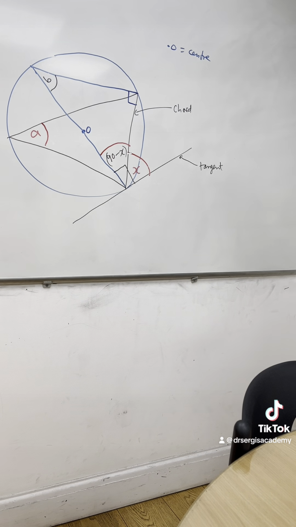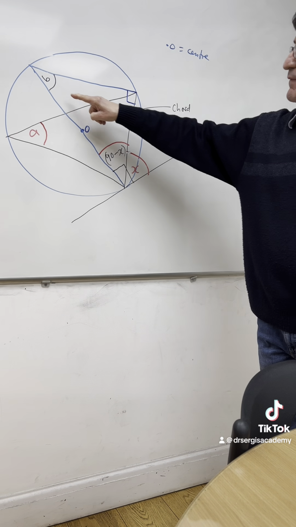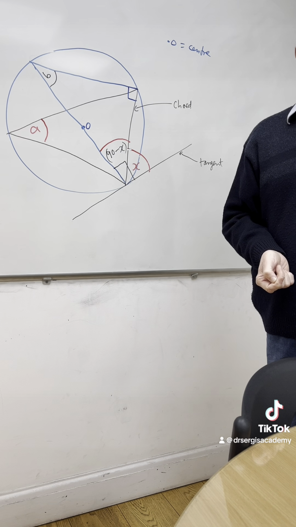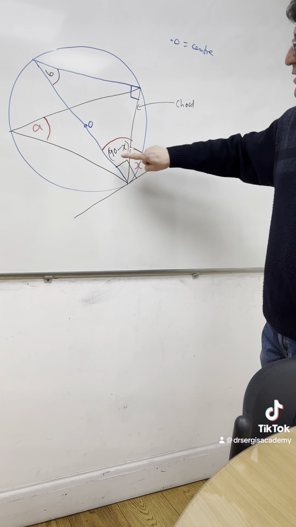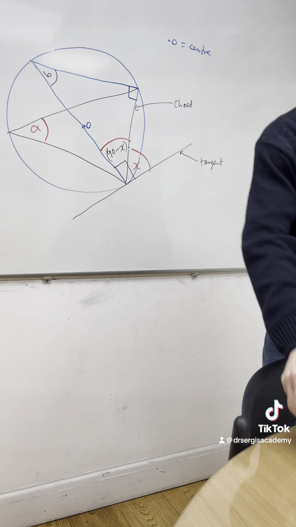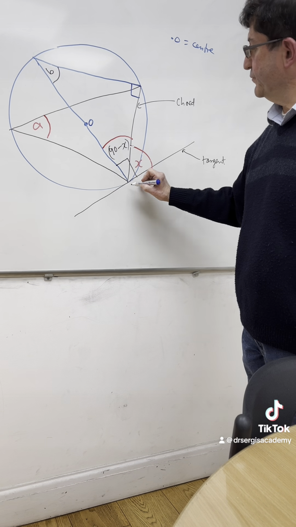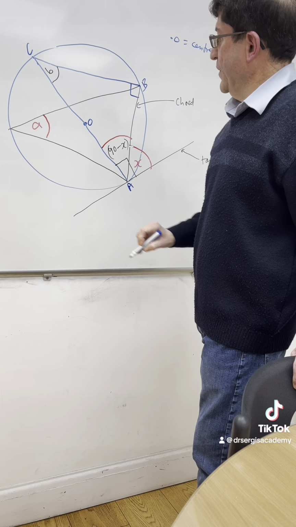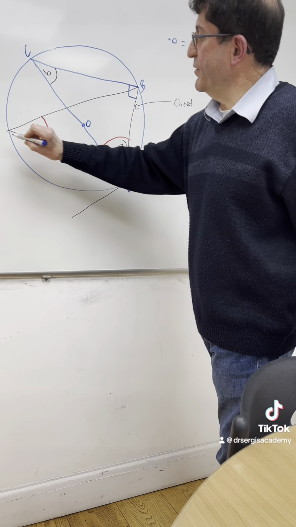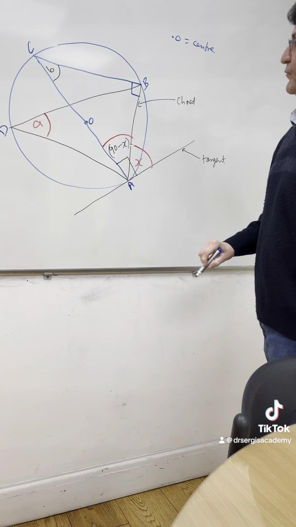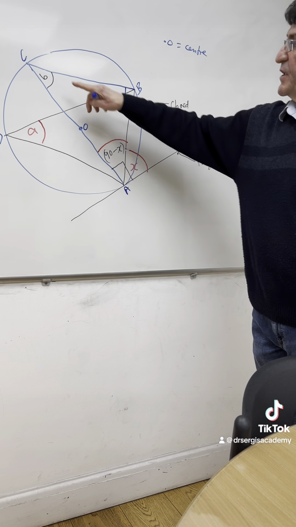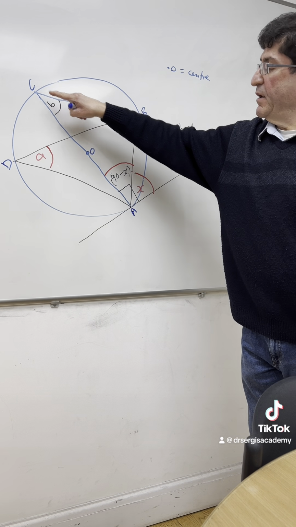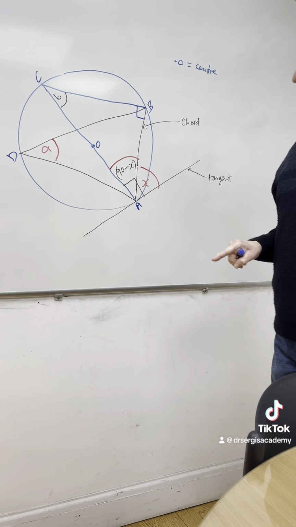Okay? So because we know the sum of the angles inside a triangle is 180 degrees, we're looking at this triangle. Let's label the triangle A, B, and C, and let's label this point D. So we look at the triangle A, B, and C. The sum of the internal angles, as always, in a triangle add up to 180 degrees.